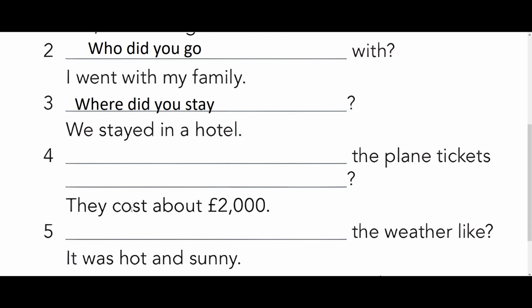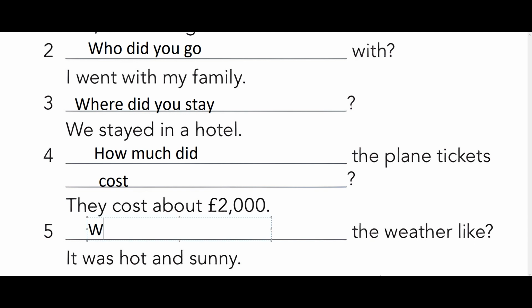The plane tickets cost about £2,000. It's like, how much did the plane tickets cost? Maybe we can say, how much did the plane tickets cost? They cost about £2,000.